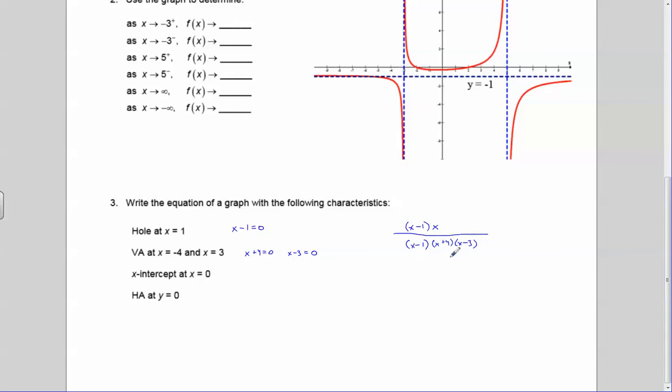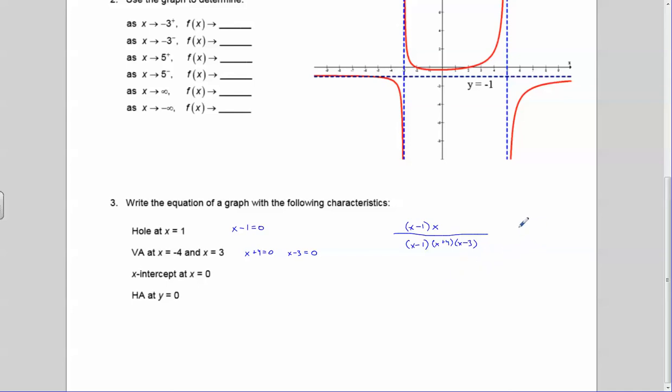This is because if you distributed each of these, you would end up with first a trinomial if we distributed the first 2, and the highest degree of that trinomial would be x squared. But then when you multiply by this other factor, x minus 3, we would have x times x squared, giving us an x cubed.